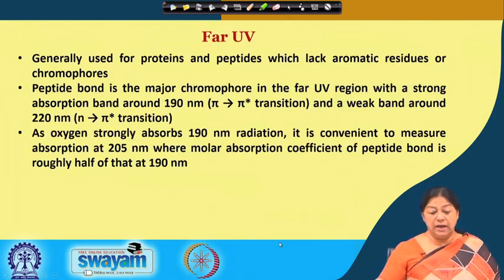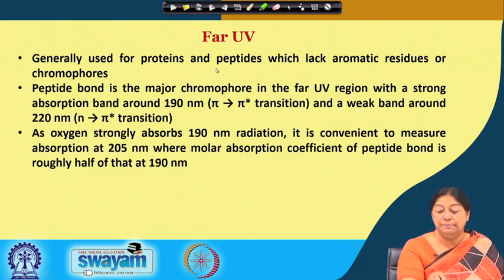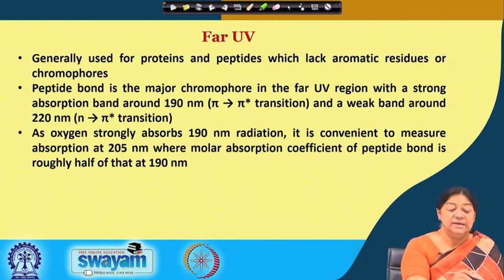When we consider now the far UV, this is generally used for proteins and peptides that lack aromatic residues. The chromophore that is going to absorb the light here is the peptide bond, which is present in proteins.